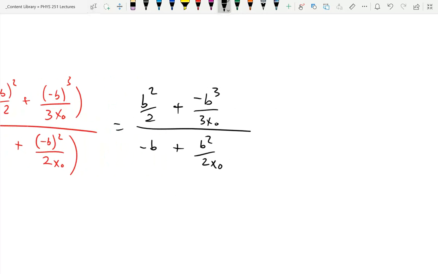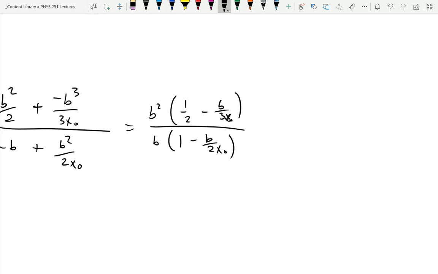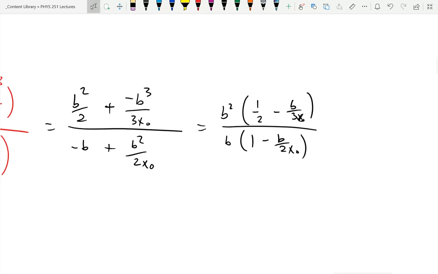And I can factor out a b squared on top, factor out a b on bottom. Shouldn't that be -1 plus b over? You are correct, sir.